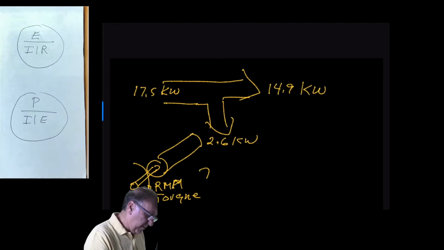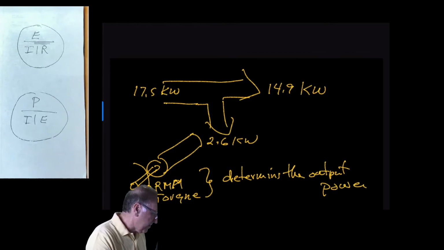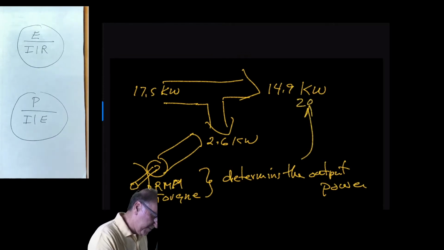Between the RPM and the torque, that determines the output power, which is 20 horsepower.